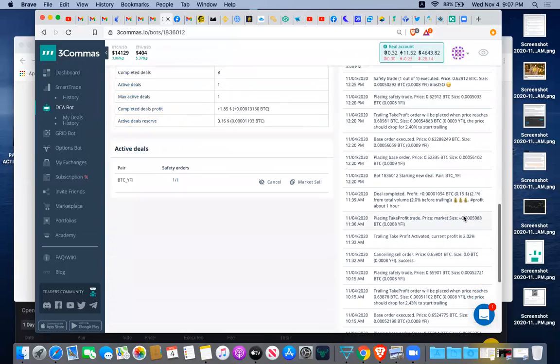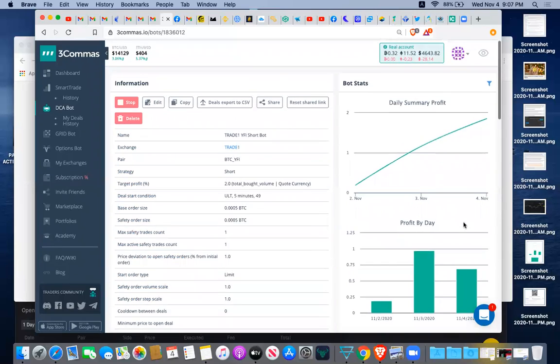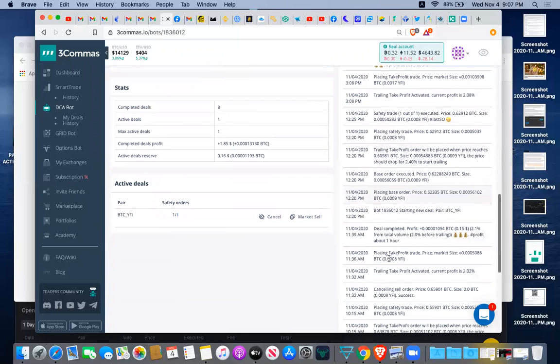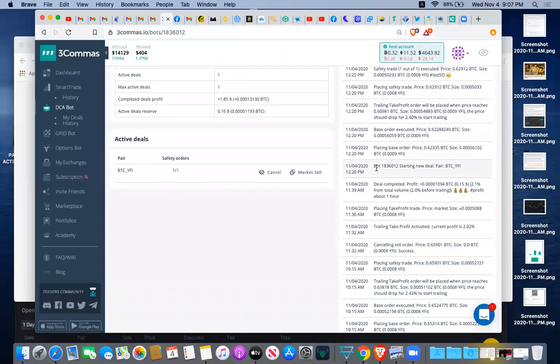If you look at the analysis of the bot, you can see today: starting new deal, placing order at this rate. Base order executed. The order I placed here was executed.